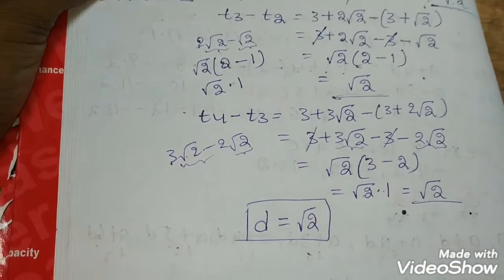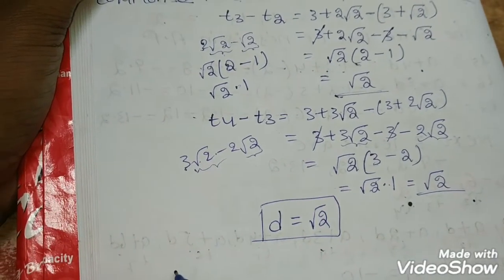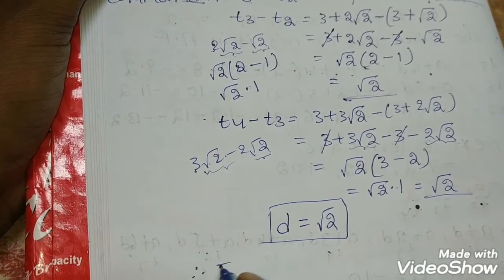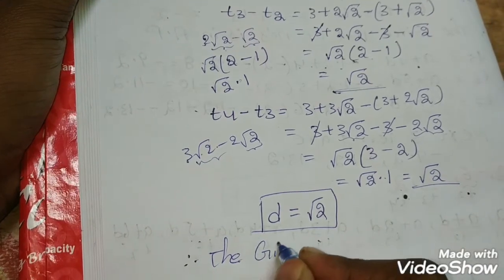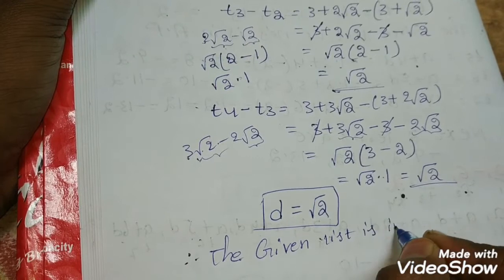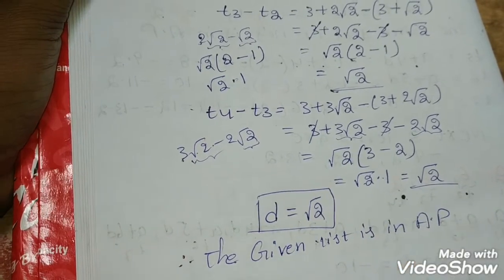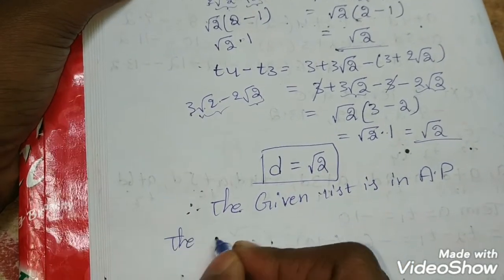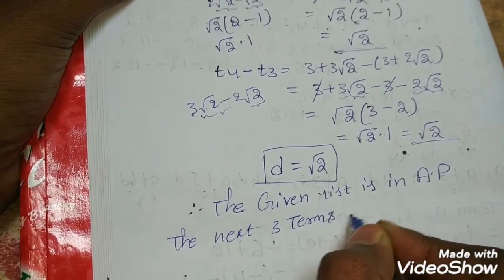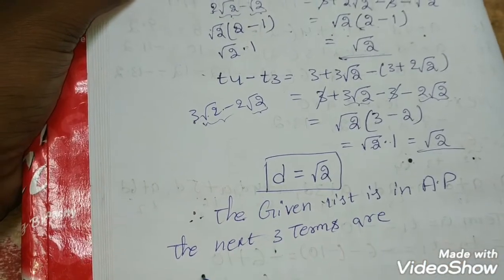Let's check the next 3 terms. Before that, you have to write the conclusion. Therefore, the given list is in arithmetic progression. The next 3 terms are, what are the next three terms?